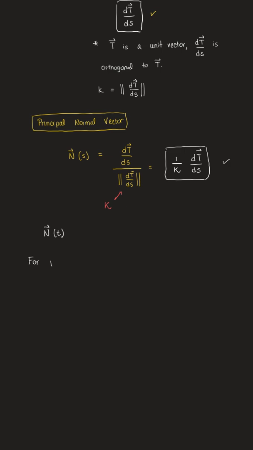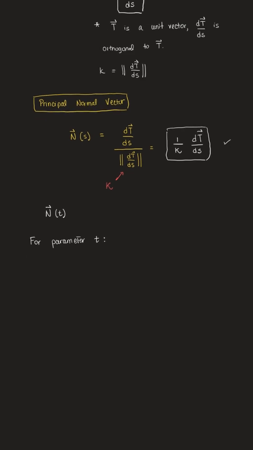So for parameter t, so any parameter, not necessarily our arc length parameter, we know that dT/ds can be written as the derivative of T with respect to any parameter t times the derivative of little t with respect to s.